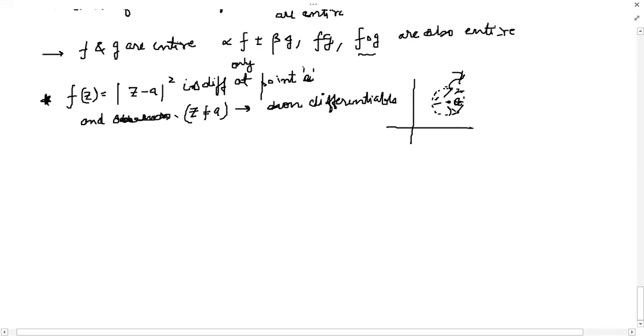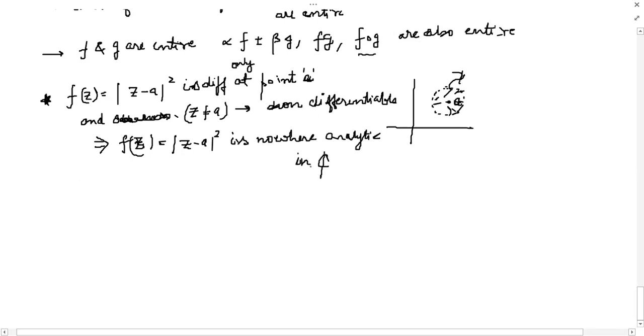So since it is non-differentiable there, it implies that f(z) equal to modulus of z minus a whole square is nowhere analytic in C. You have to remember this.